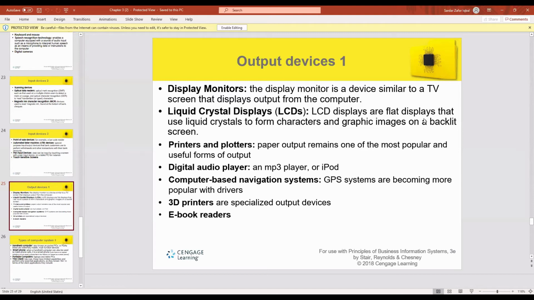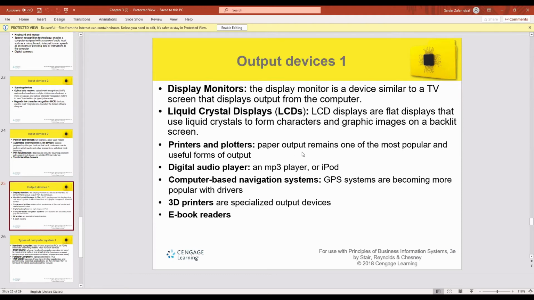LCD is a flat display that uses liquid crystals to form characters and graphic images on a backlit screen like a TV. We have LCD and the more advanced one, LED, is now available in the market in every house. In offices, of course, and in our college, we have different screens available in the meeting rooms.